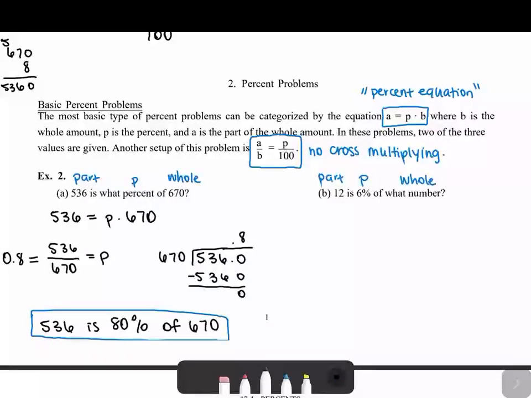So we can set up this ratio as 12 over b equals 6 over 100. Write our part over our whole, and equals our percent, which is 6%, which becomes our numerator in our fraction over 100. So remember, we are not going to cross multiply to solve for b here.